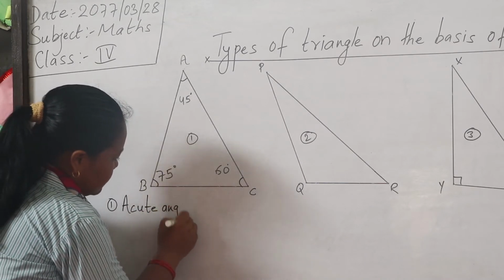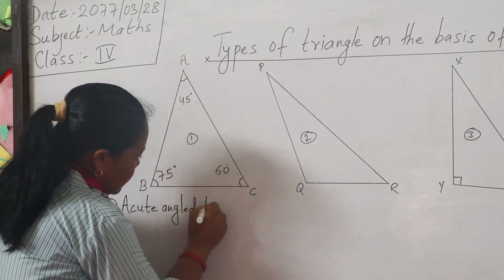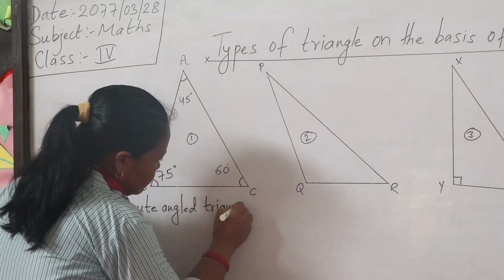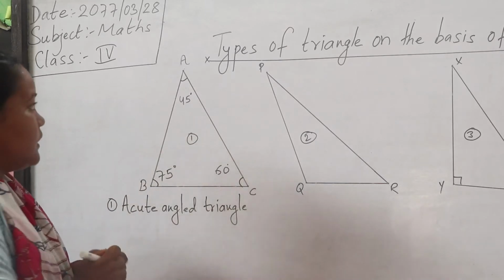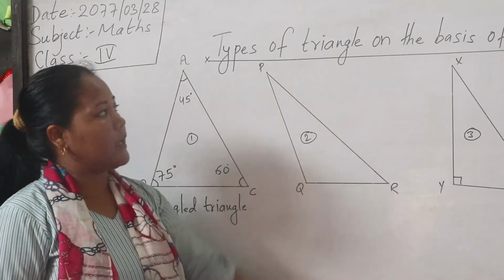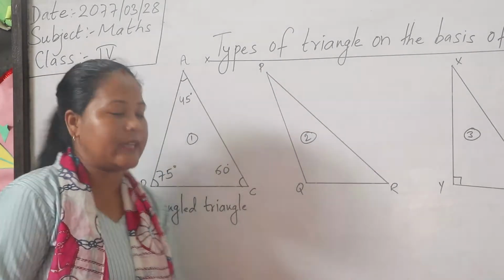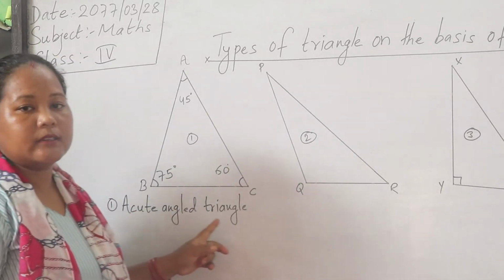See here, the first type of triangle on the basis of angle is the acute angle triangle.